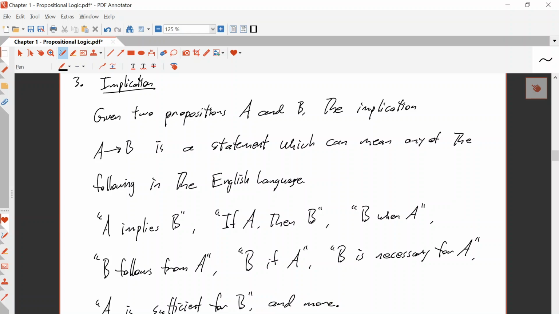Again, we'll talk about what these all have in common and how you can really see it in a nice way.